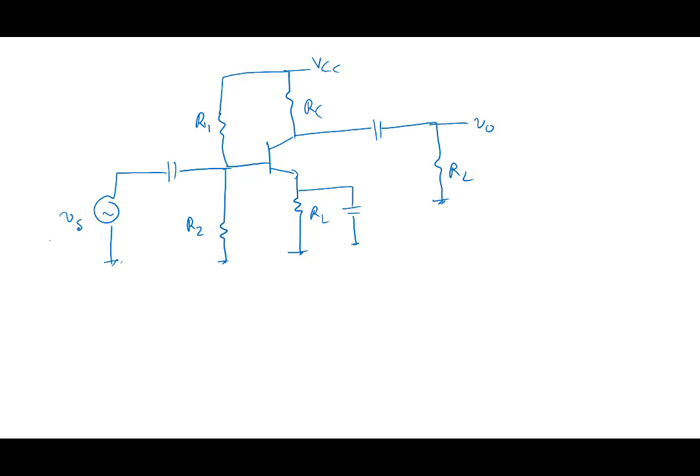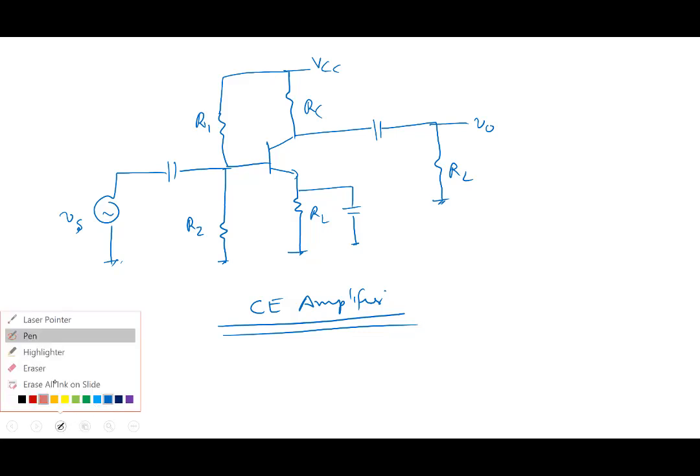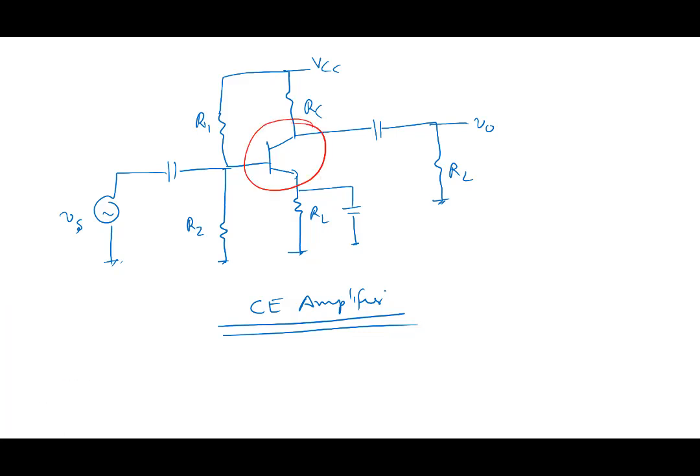Let's take this V0 by Vs. This is a common emitter amplifier, right? Common emitter amplifier, you may recall, is a circuit like this. And if we want to analyze all the properties of this common emitter amplifier, what I would be doing is taking this transistor and replacing the transistor by its model.